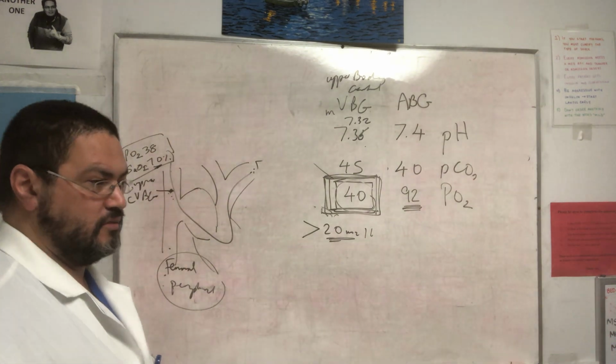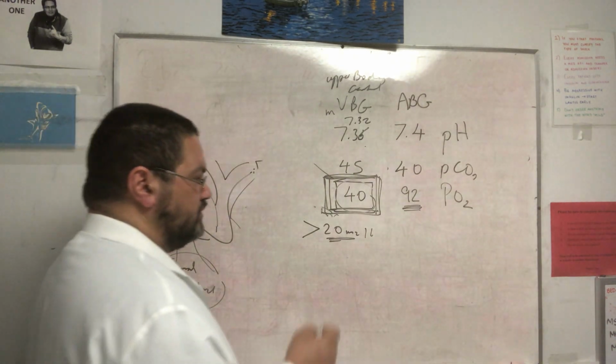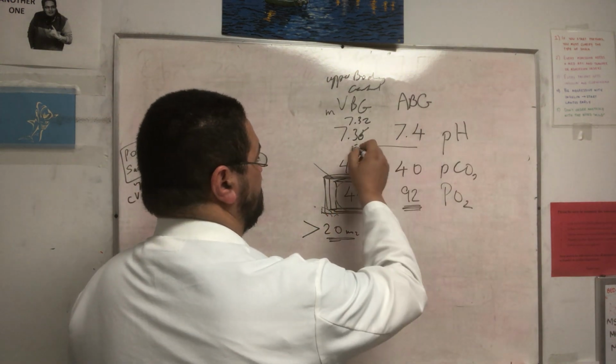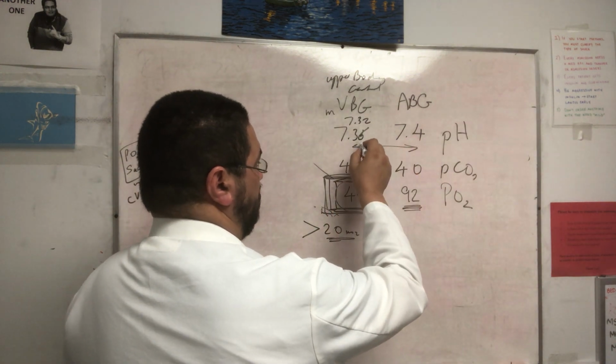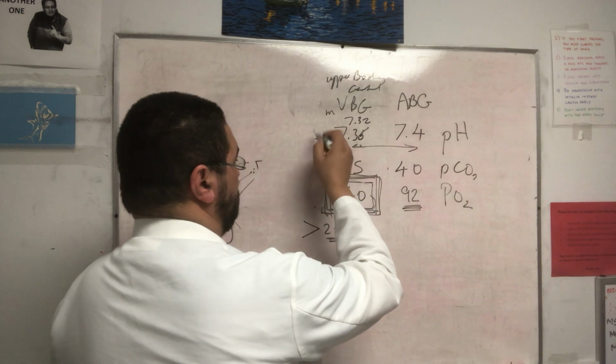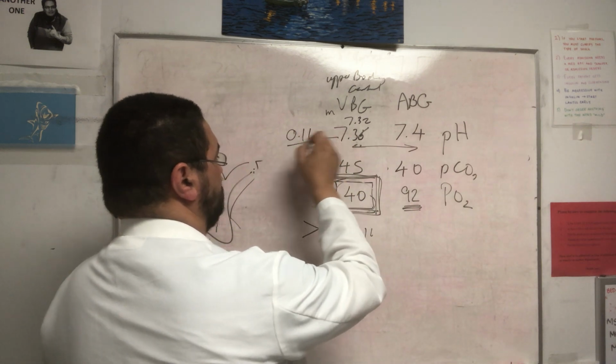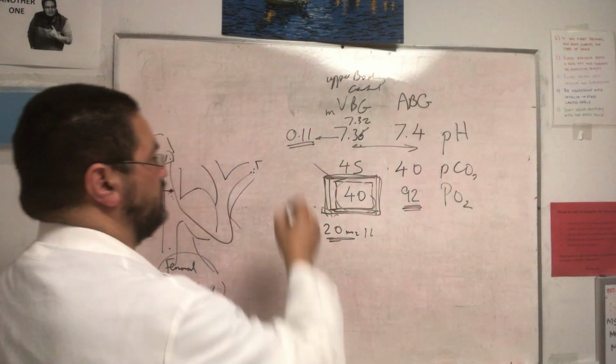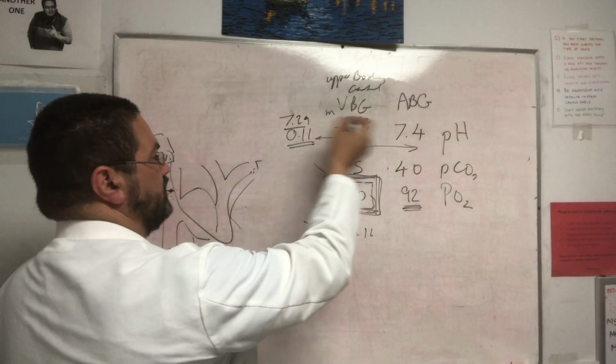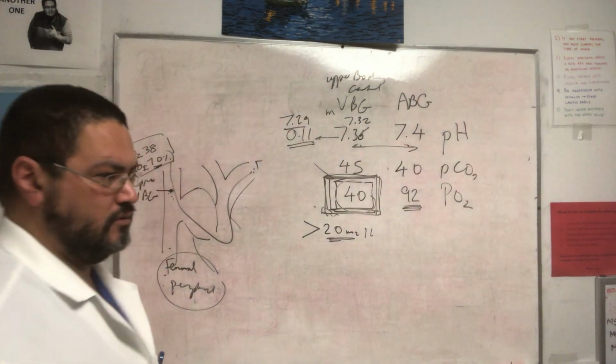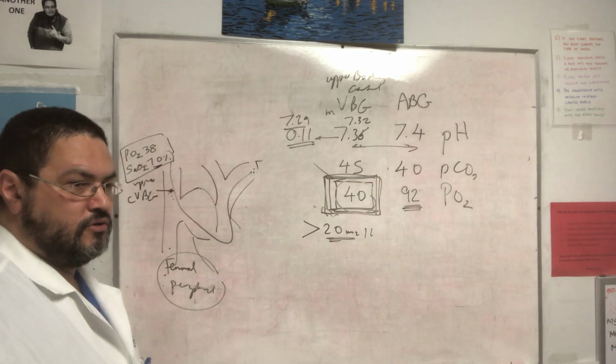We did this simple test, and we found a disconnect between them. The difference in pH could be as low as 0.04, and the highest one was 0.11. So the arterial pH would be 7.29, where the venous pH is normal.